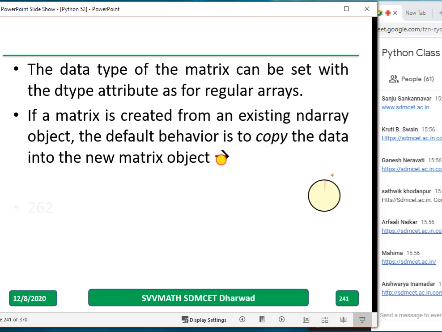I don't know how much you will understand, but I'll show you one example for this. By observing that example, I'm sure each one of you can understand what this sentence conveys. I'll wait for another 10 to 15 seconds. Then I'll go to the next slide, where a small example is shown where you can understand the meaning of that sentence.